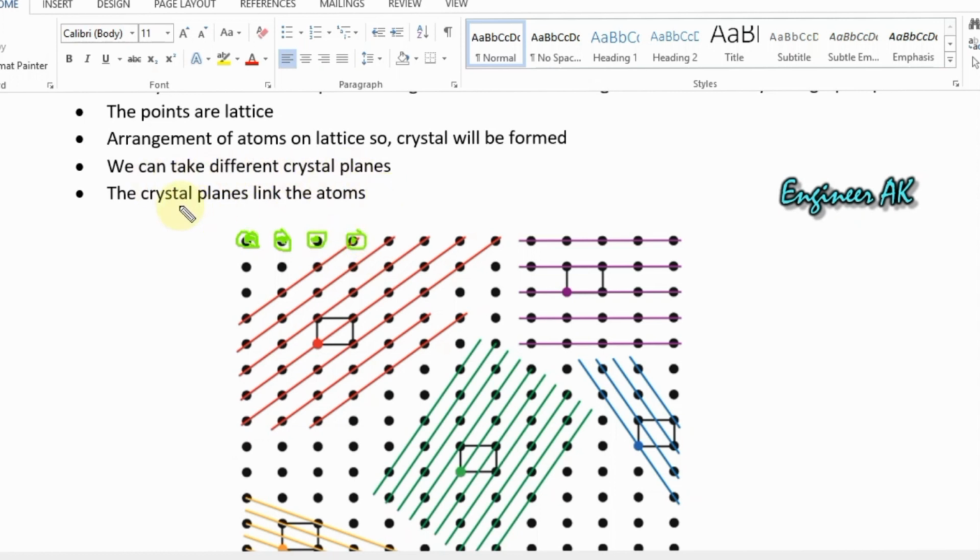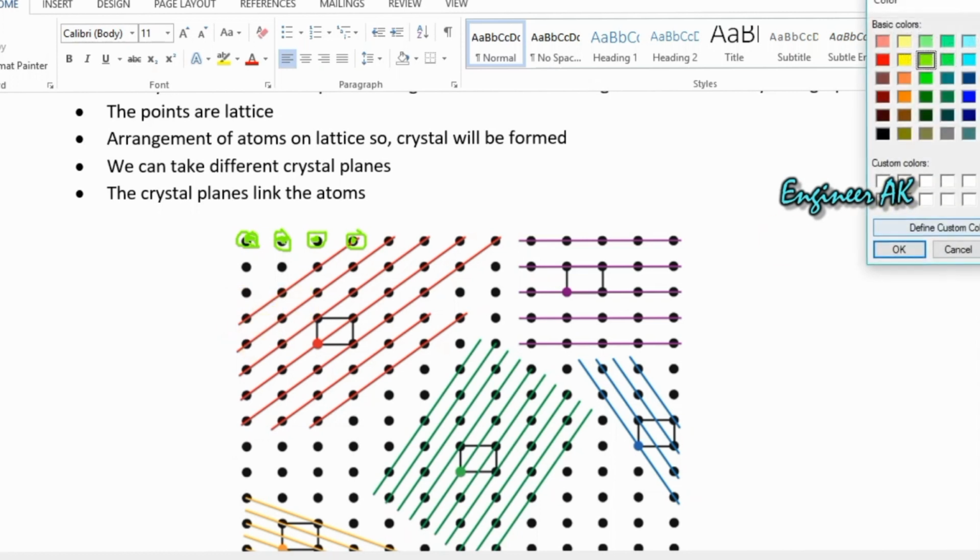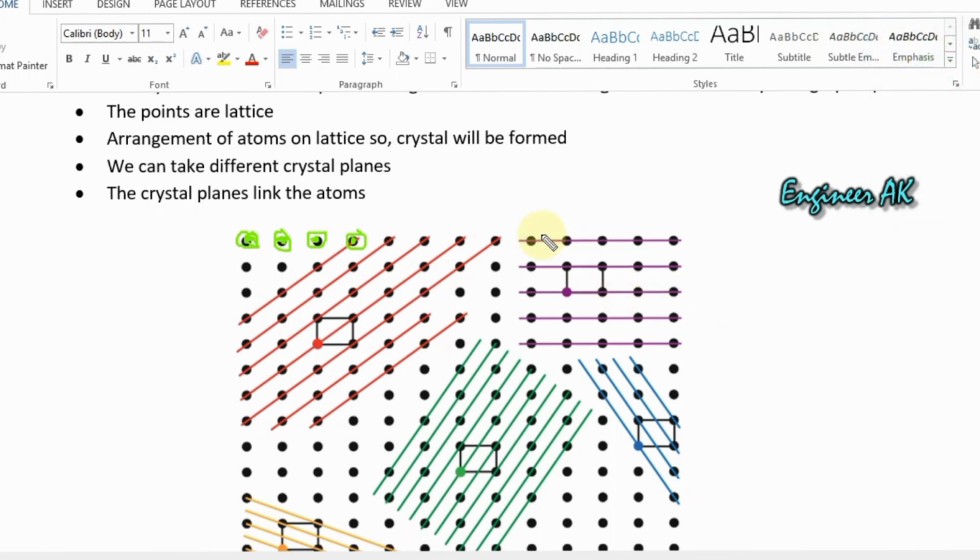And if we take different crystal planes, the crystal plane links the atoms. Let me change the color, let's take this blue one. Here we go. If we join the atoms, it gives us a plane.